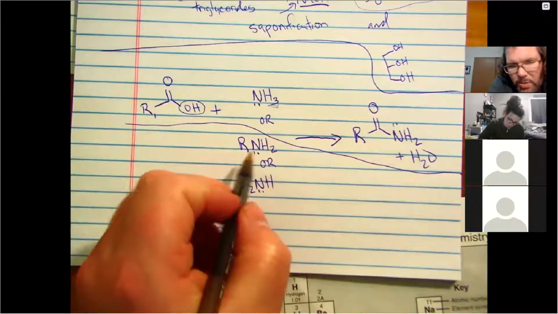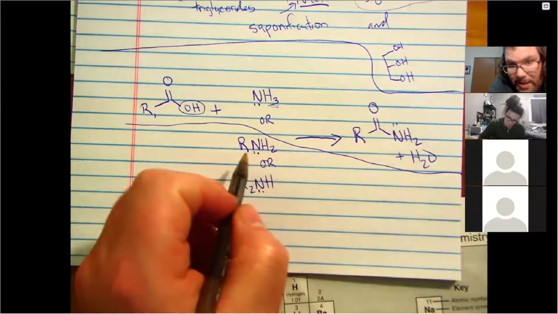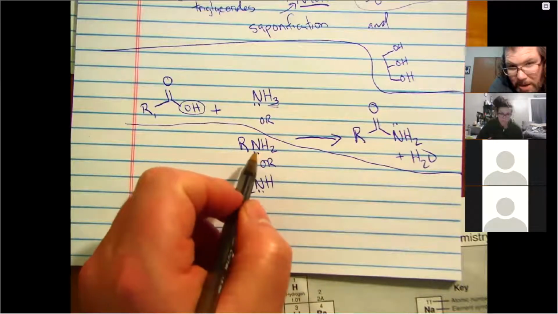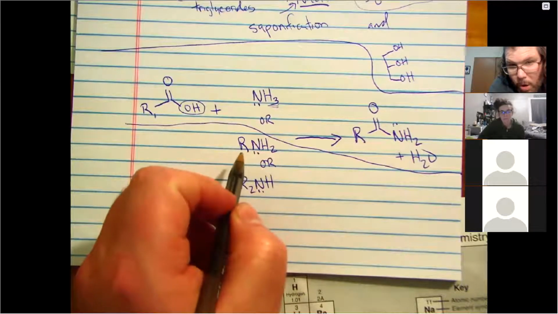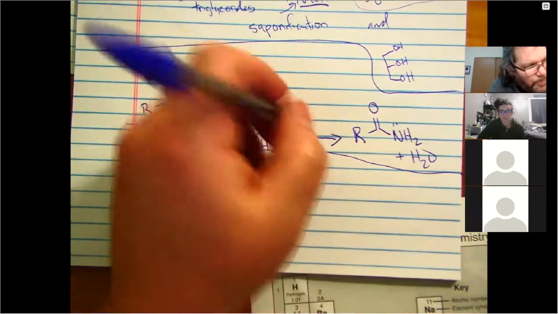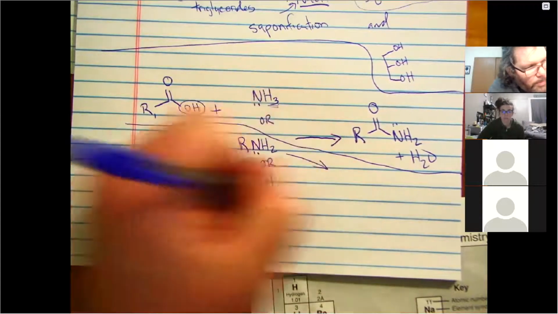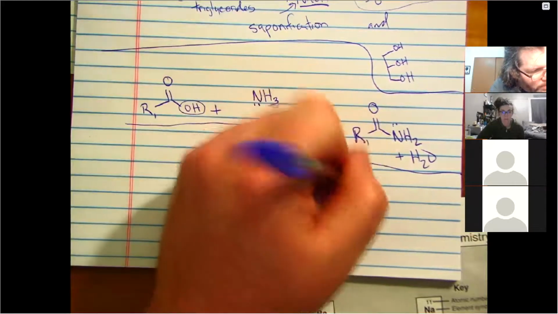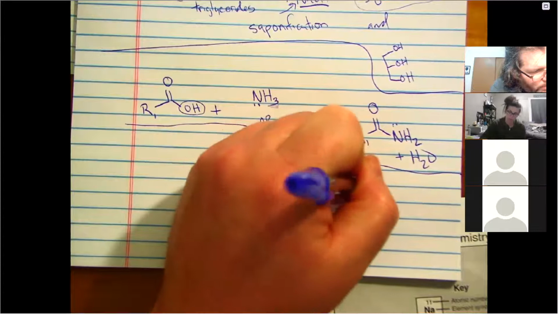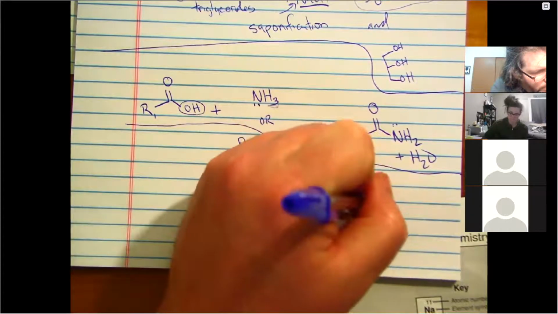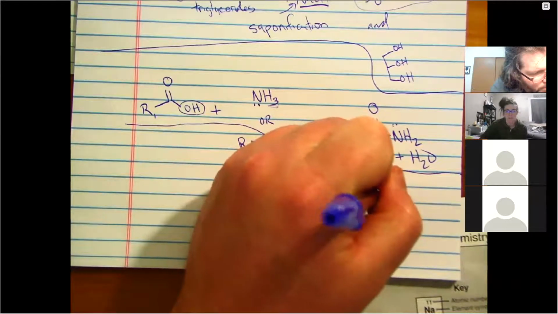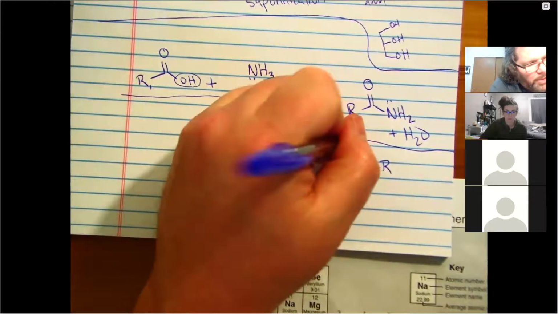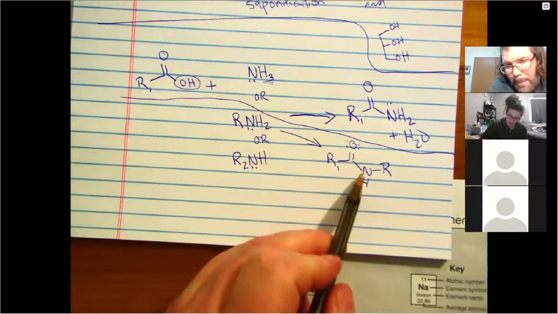Or if we used an amine like this with 1 alkyl group attached to it, so that's a primary amine because that nitrogen has 1 carbon attached to it, then we end up with a secondary amide.